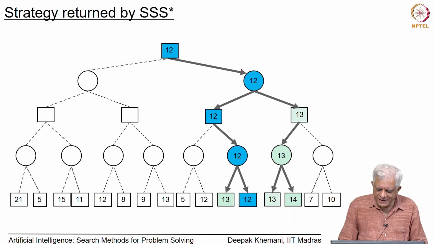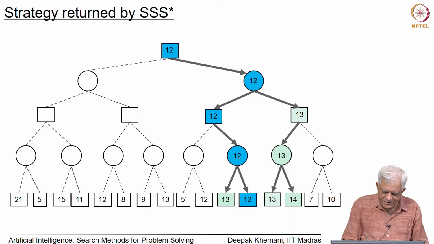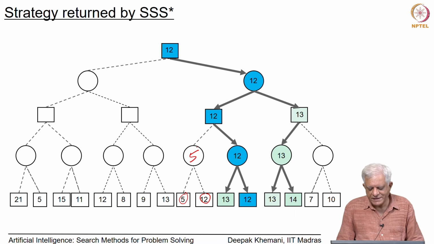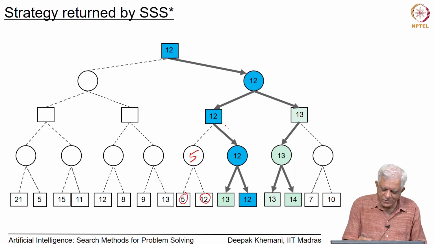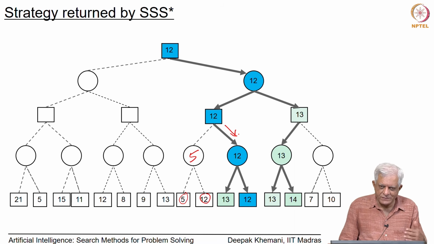And max has already decided that of the options that it had, remember that this cluster would have given it a value of 5, but now max has frozen its choices and has already ignored that, and so max has already decided that it is going to make this move at 12, which is what the algorithm returned to us. And we expect that from this min node, min will choose the smaller of the two values, which is 12 and 13. So, that is where we expect the game to proceed essentially.